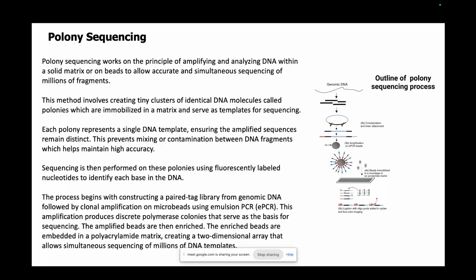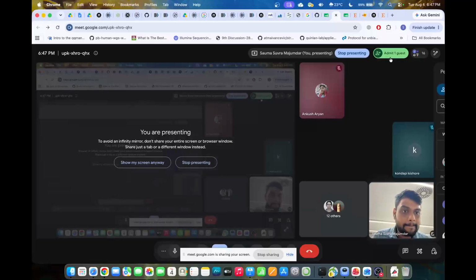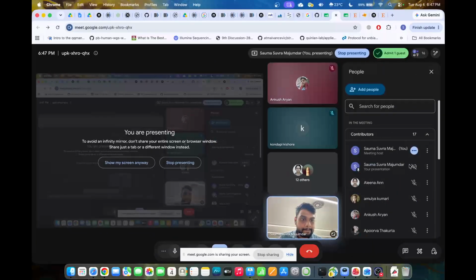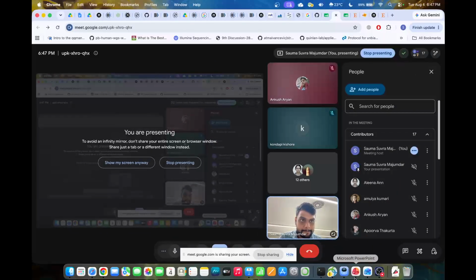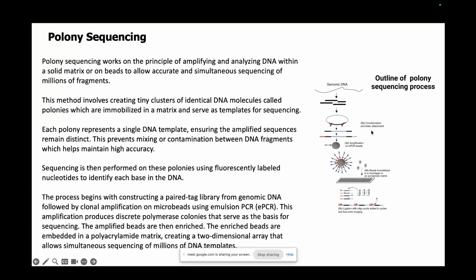Okay. A final type of sequencing that I'll be talking about is polymerase sequencing. Here, the principle is slightly different again. Polymerase sequencing works on the principle of amplifying and analyzing DNA within a solid matrix or on beads to allow accurate and simultaneous sequencing of millions of fragments.